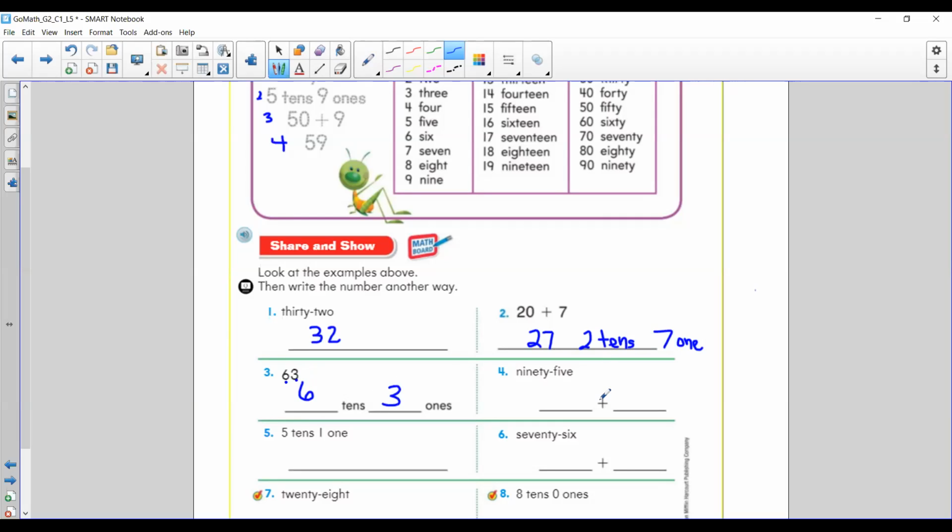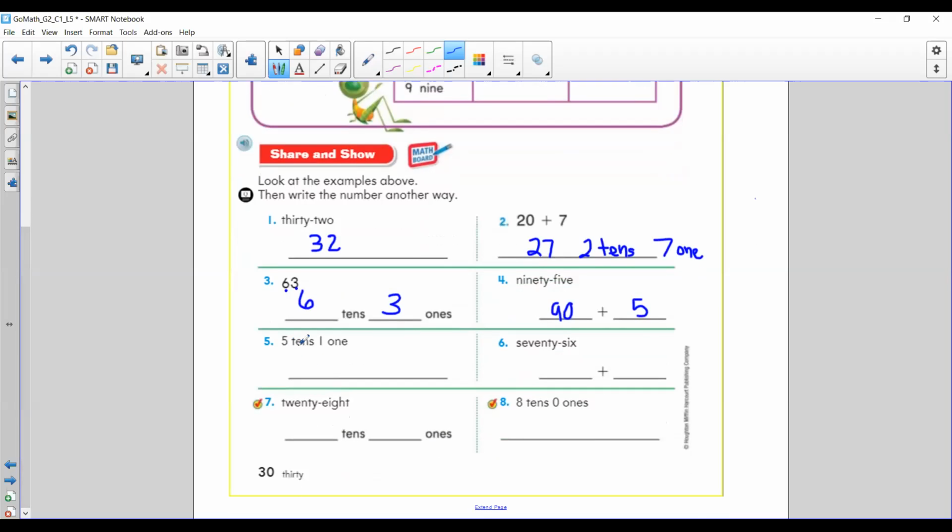How about 95? We have a plus sign right here, so that means we write the number 90 and the number 5. 90 plus 5 equals 95. 5 tens and 1 one. Well, let's see. I'm going to grab my text. Okay, well, 5 tens is 50, because that's 10, 20, 30, 40, 50.